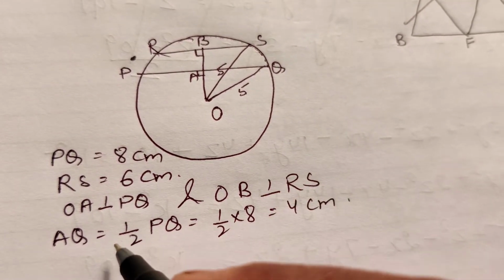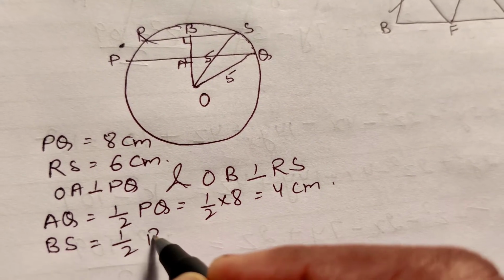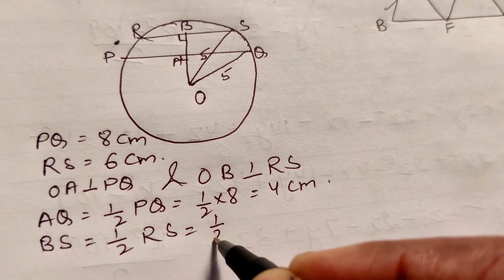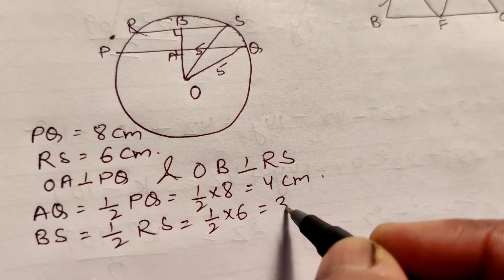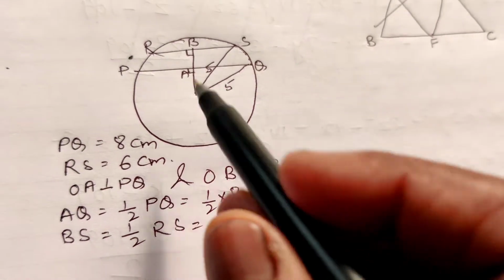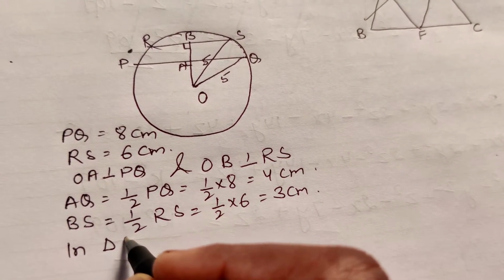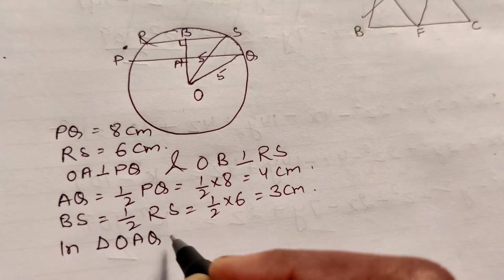And similarly, BS equal to half of RS, 1 by 2 of 6, 3 cm. Now find the distance OA first by using Pythagoras theorem in triangle OAQ.